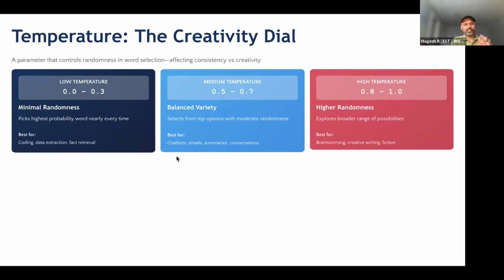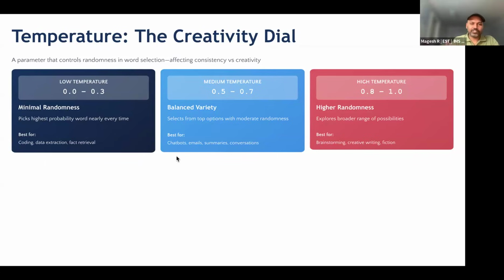So you can say low temperature, medium temperature, high temperature, depending on different use cases. If you want to use it for coding, data extraction, fact retrieval, like side effects of a medicine, for all of those use cases, you don't want it to be creative. It should be very close to factual, but you cannot guarantee that.